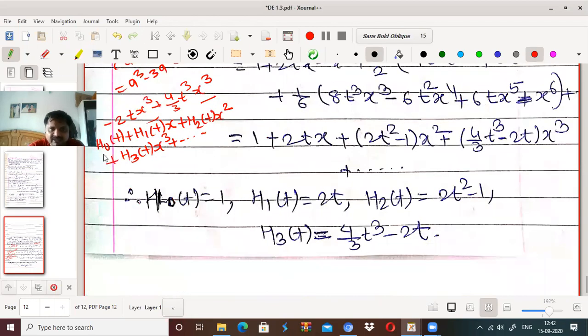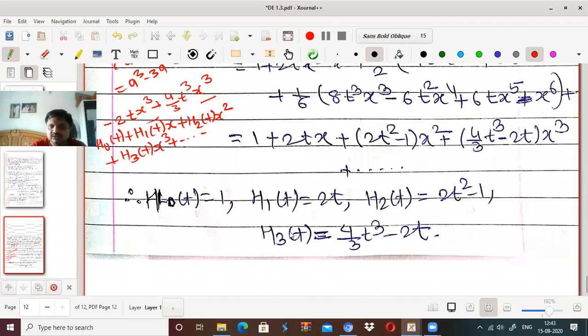Therefore, if I compare these two sides, compare constant terms. So 1 is equal to h0 of t. Then the coefficient of x is 2t here and h1t here, so h1t equals 2t. Then the coefficient of x square: 2t square minus 1 on the right hand side, so h2t is equal to 2t square minus 1.